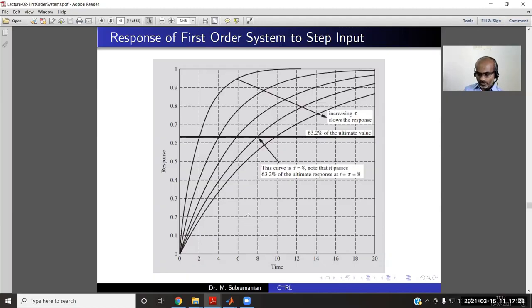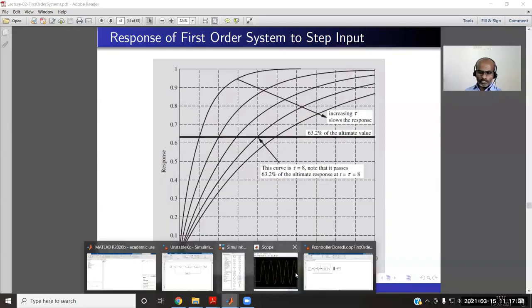The thermometer with a thin bulb will respond faster, because it has a lesser capacity, so it can quickly take the temperature of the surroundings. So always with derivative action, the response is becoming slower.